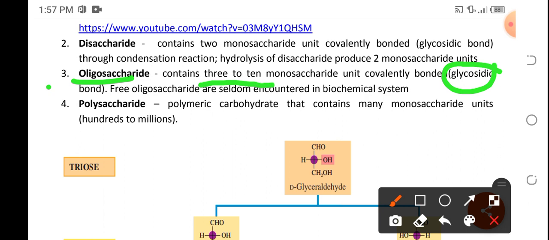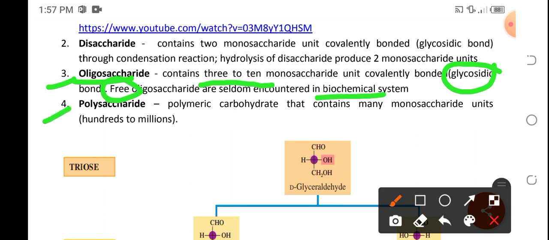These oligosaccharides are not common to be encountered in nature or in any biochemical system as free. Hindi katulad ni monosaccharides na may makikita kang glucose unit, may makikita kang individual na fructose unit. Okay, pagdating sa mga oligosaccharides, they could not stand alone such that kailangang naka-attach sila sa iba pang mga substances. Okay? If we're talking about a biochemical system.